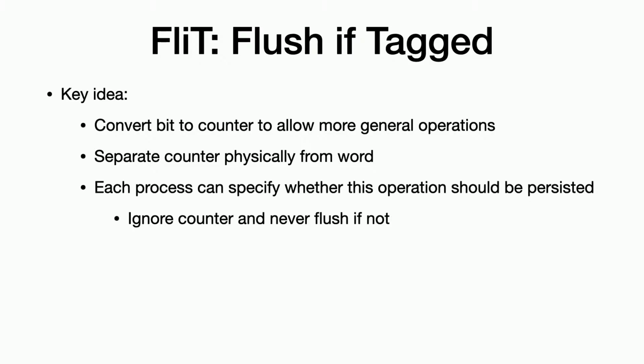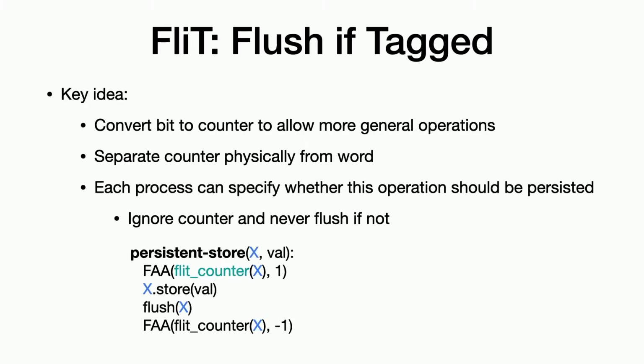And basically, if you have an operation that you know from general constructions, from NV traverse or whatever other general construction, that it doesn't need persisting, then you just ignore the counter completely, right? You don't increment it, you don't decrement it, that's it.